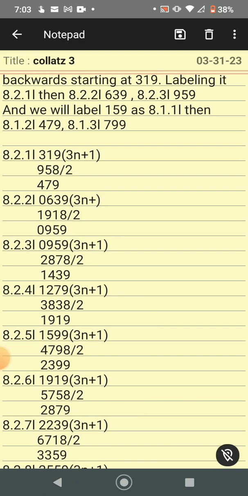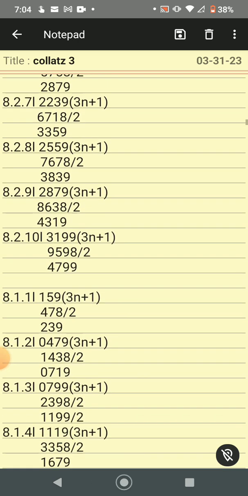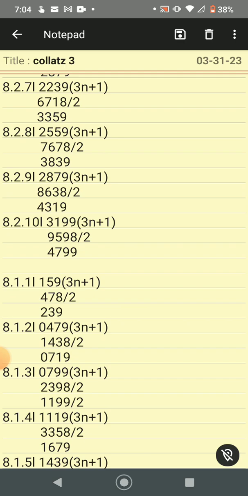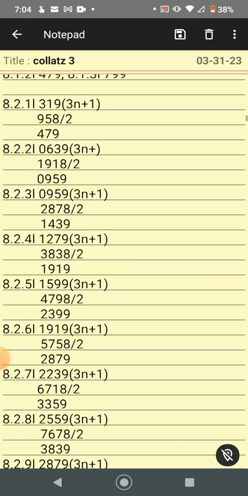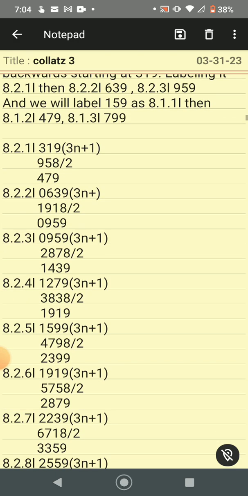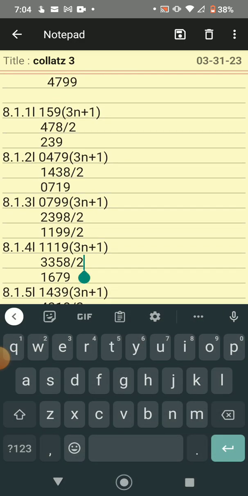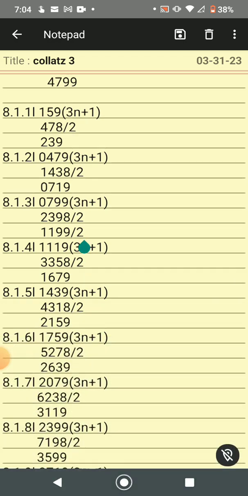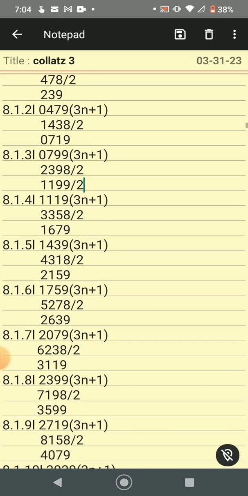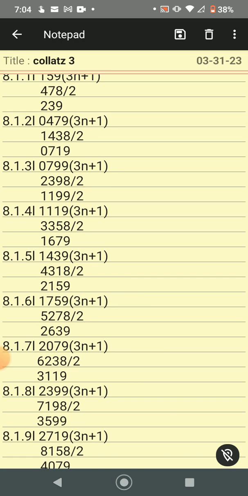And if you notice, 8.2.1 is 479. That's 8.1.1. 8.2.3 with the output of 1439 is 8.1.5.